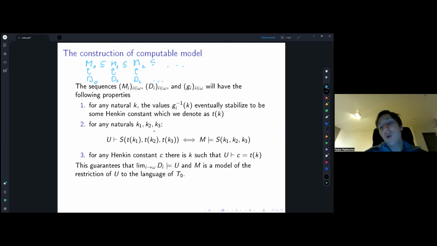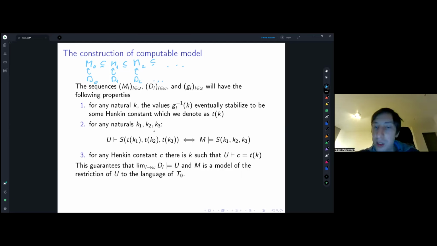Okay, and finally, of course, what we also want is that any Henkin constant from U is provably equal to some T of K. And basically, if you have all these properties, then this guarantees that this limit of Dis.